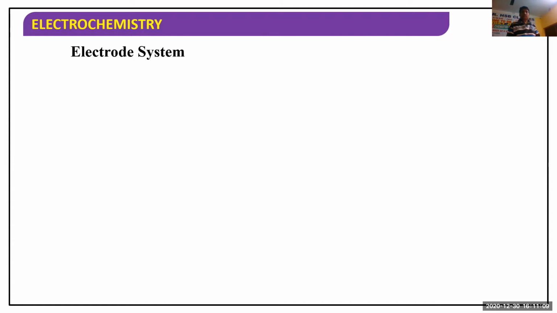Electrode system. Standard reduction potential, that is E0, is known as standard reduction potential. E0 of cathode, E0 of anode. Lithium plus to lithium is minus 3.045.